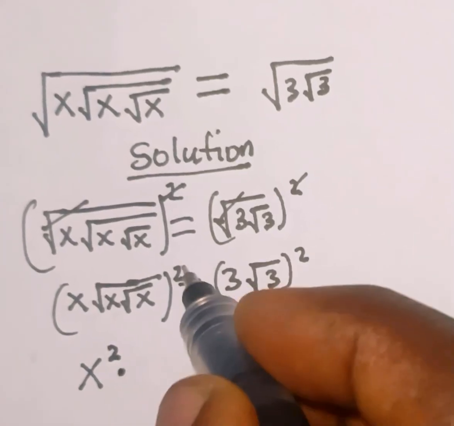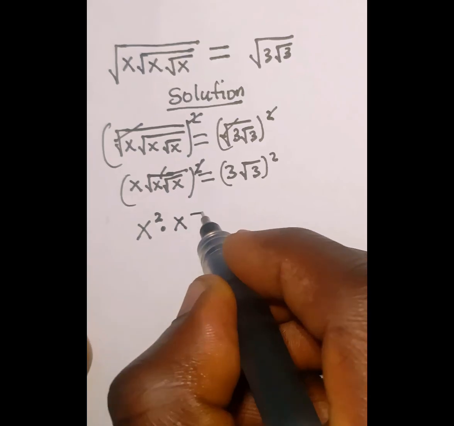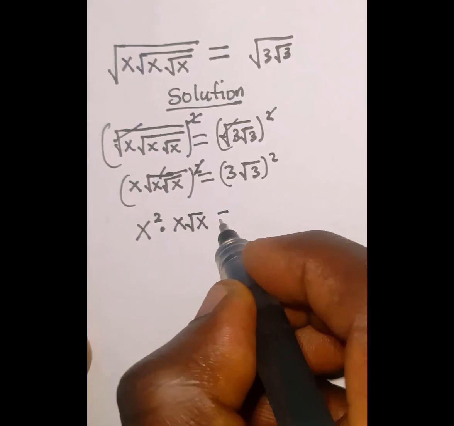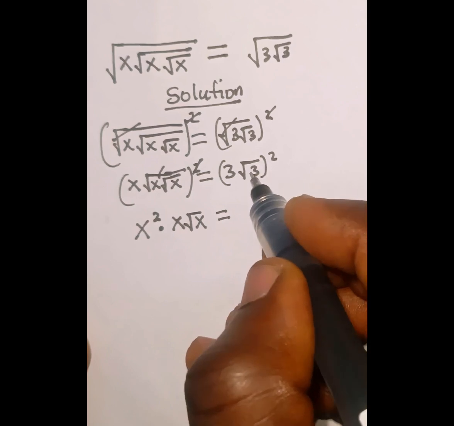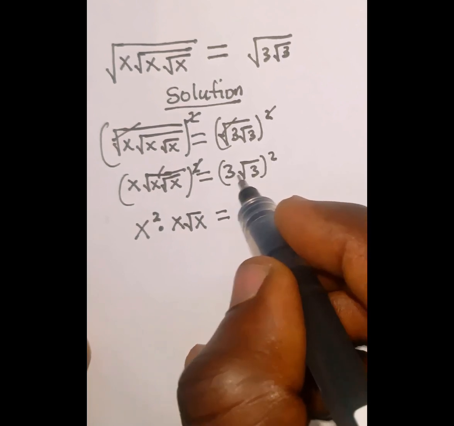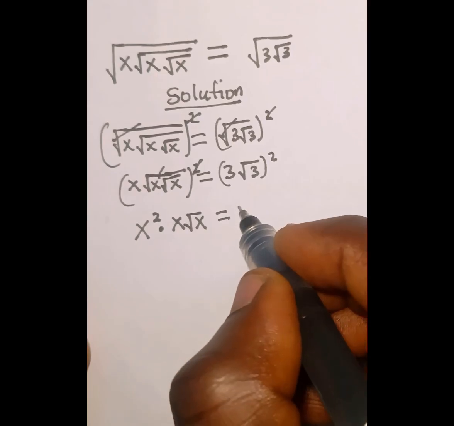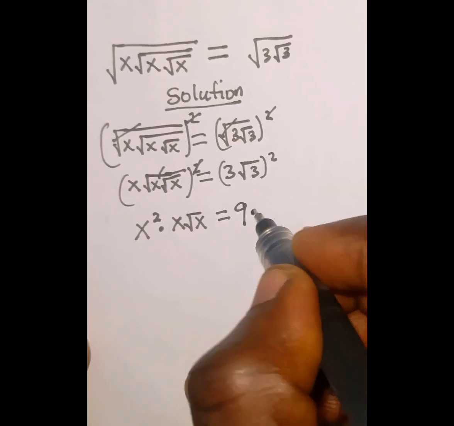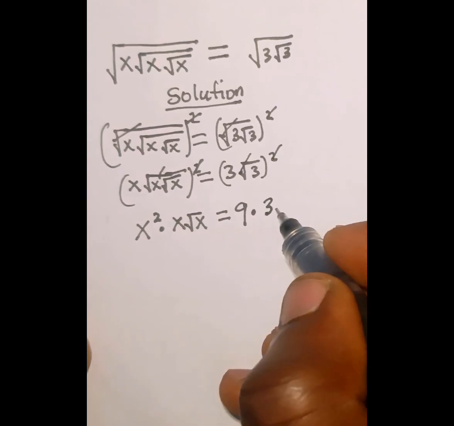Then multiply by, the square is going to cancel the square root. We are left with just x root x, which is equal to this 3 again and square root of 3. The power is going to affect both 3 and root 3. So 3 to power 2 implies 3 multiplied by 3, which is going to give us 9. Then multiply by, the square is going to cancel the square root. We are left with just 3.